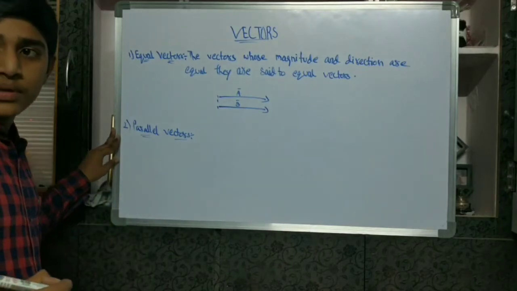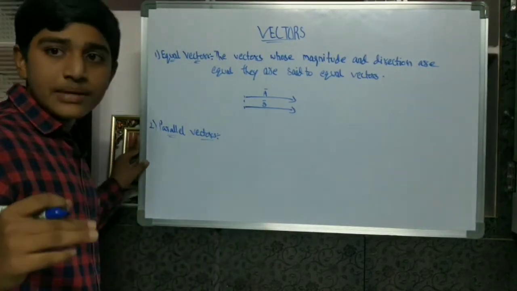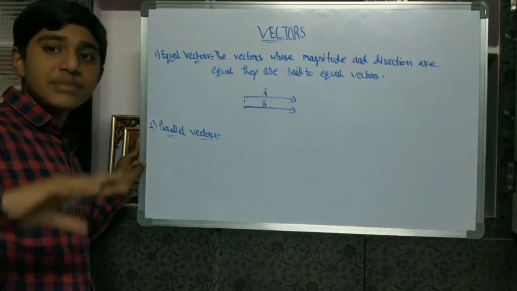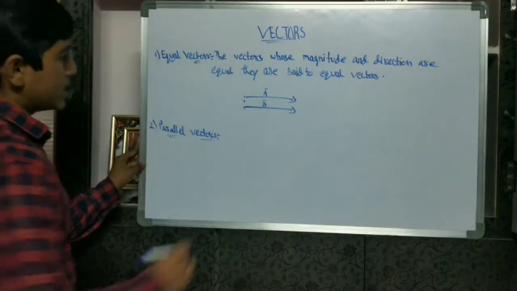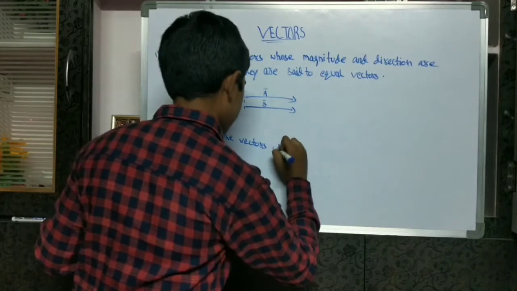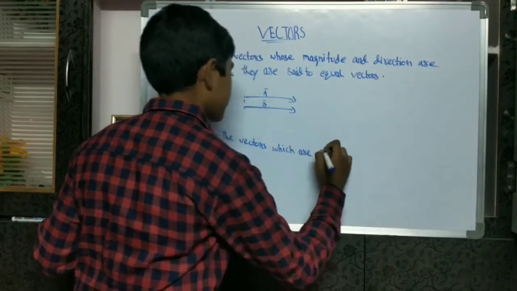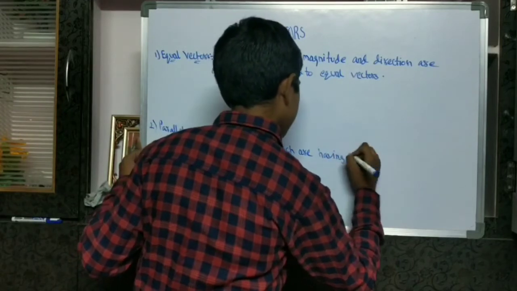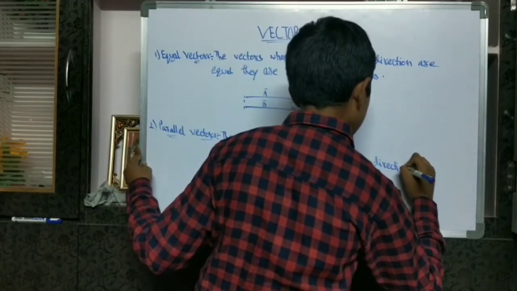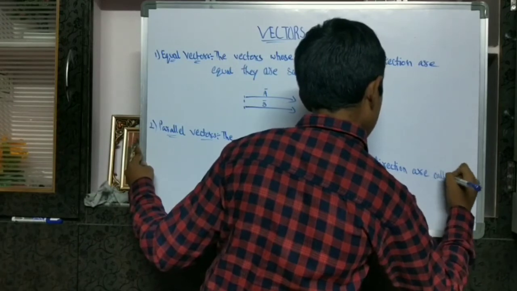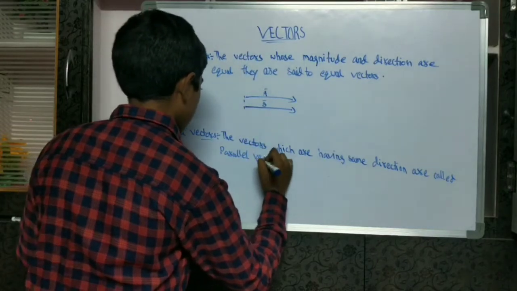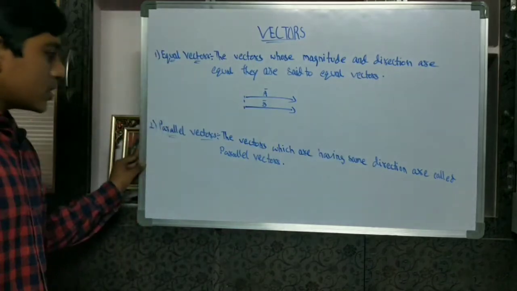The vectors which are having the same direction are called parallel vectors.